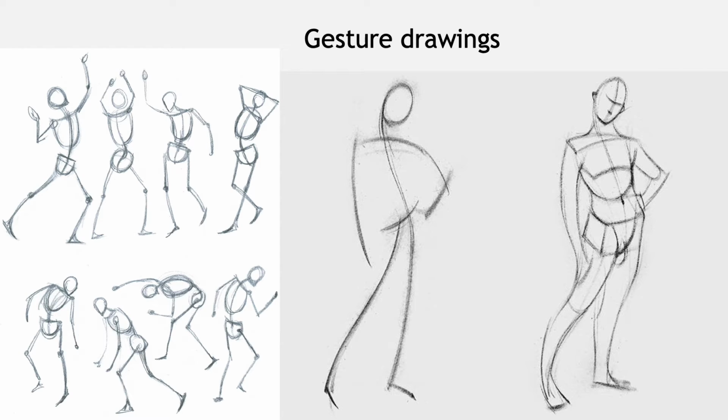This technique is nice because it quickly conveys movement as well as weight of the object or person that you're drawing. So the middle drawing is a perfect example of a gesture drawing, I think, because it accurately shows the position and movement of the body as well as where the weight lies, which is on that right leg.